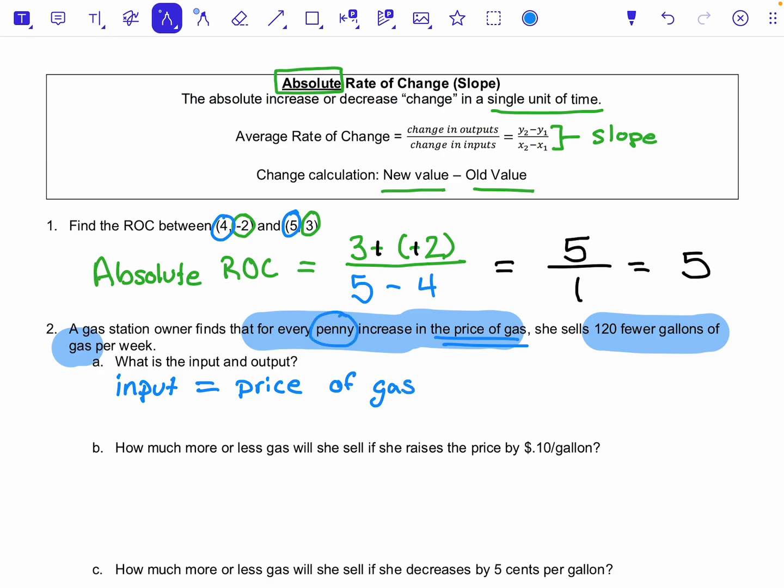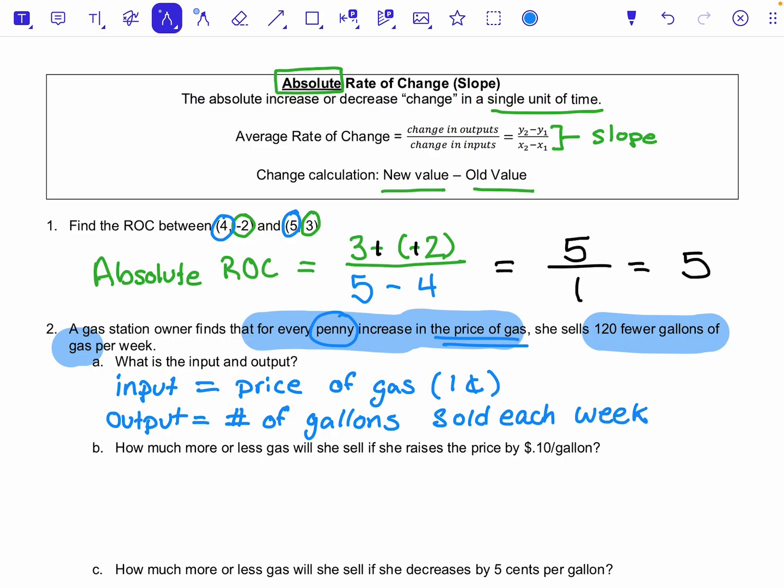So, you could decide to change it into dollars, or you can say, we're going to measure this in cents. So, 1 cent. And then the output is the number of gallons sold each week.